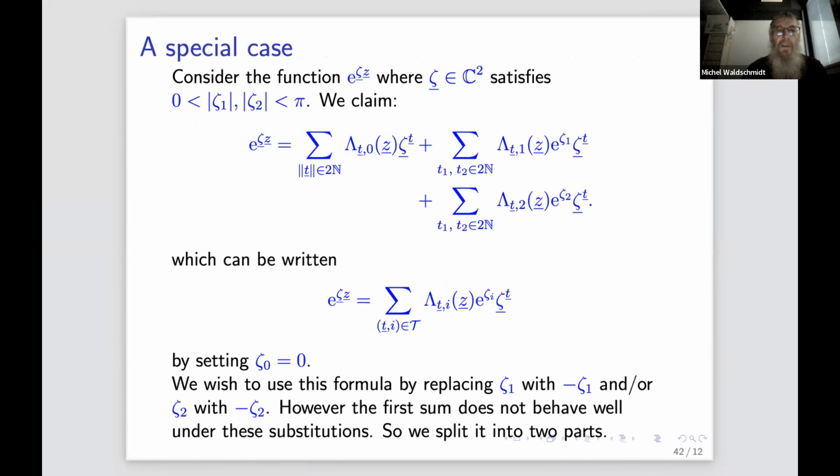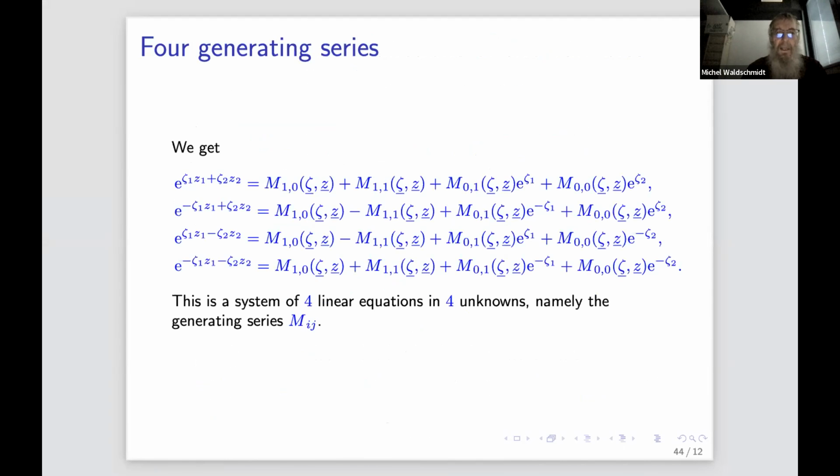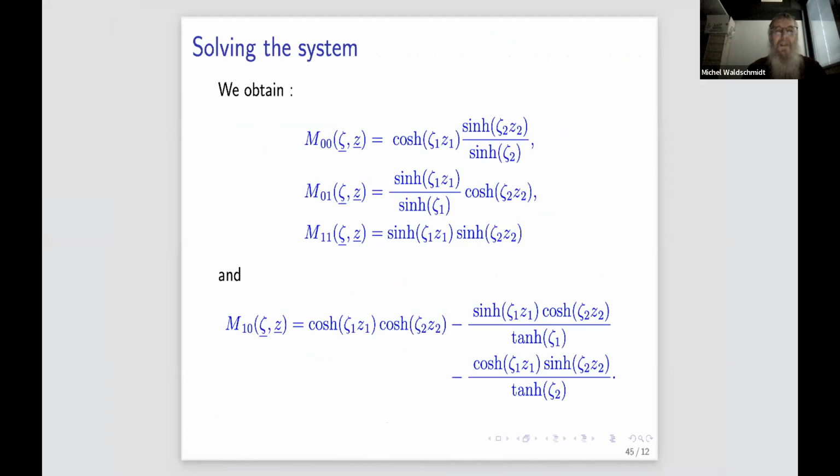If we look at the special case of this result for the function exponential zeta z, we find a formula which gives exponential zeta z as a series with these polynomials lambda ti, exponential zeta I z to the t. I know that the time is a little bit over.